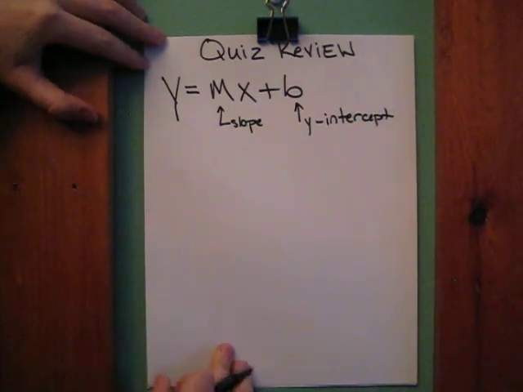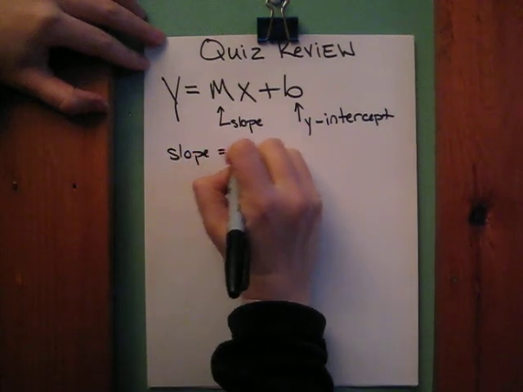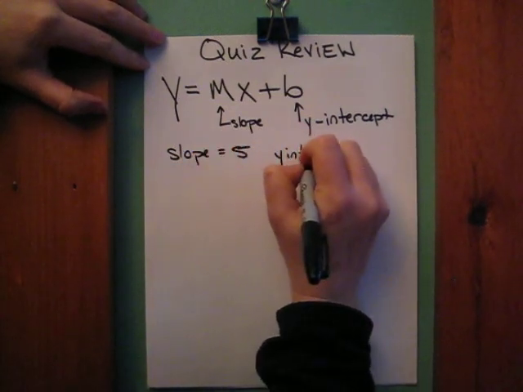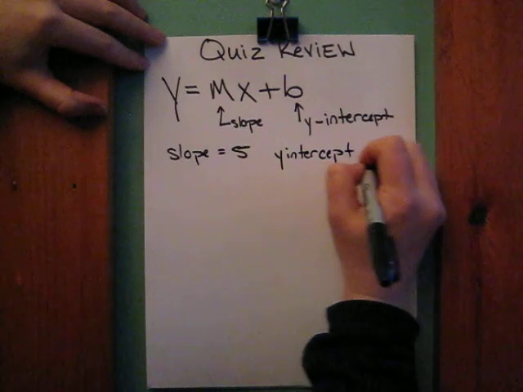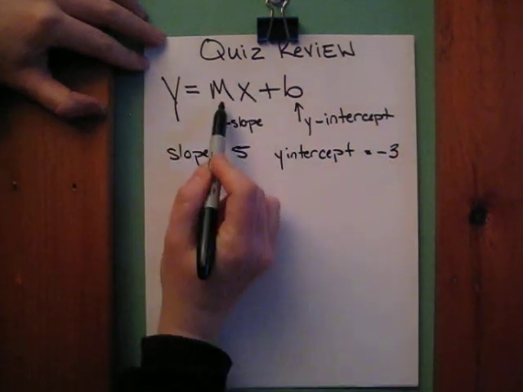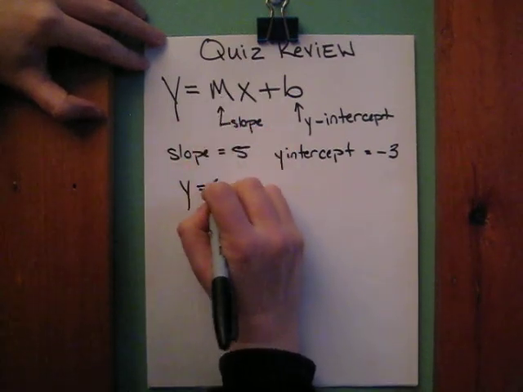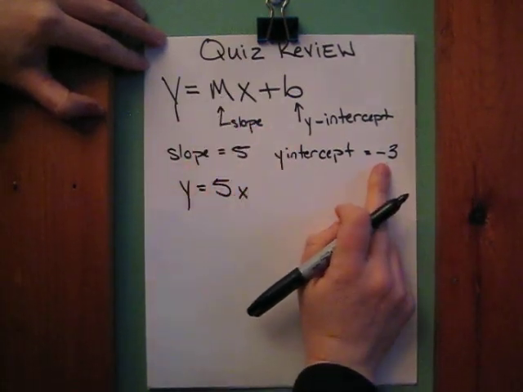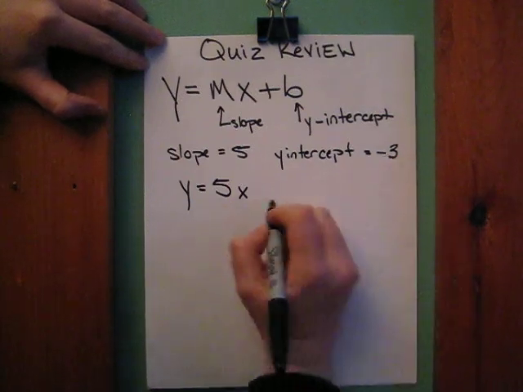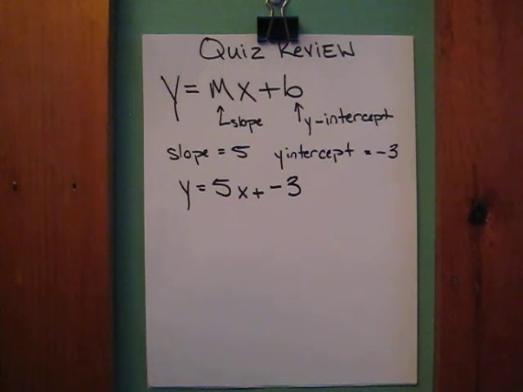So if you are given the slope, say somebody tells you the slope is 5 and the y-intercept is -3, then you're going to put in for slope 5. So you're going to replace the m with a 5, and the y-intercept is a -3, so I would put plus -3, and that's exactly how you would go about doing that.